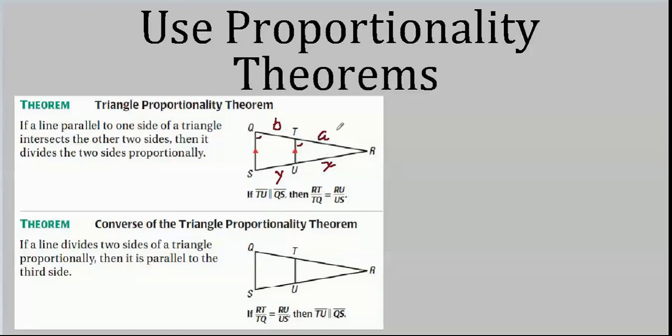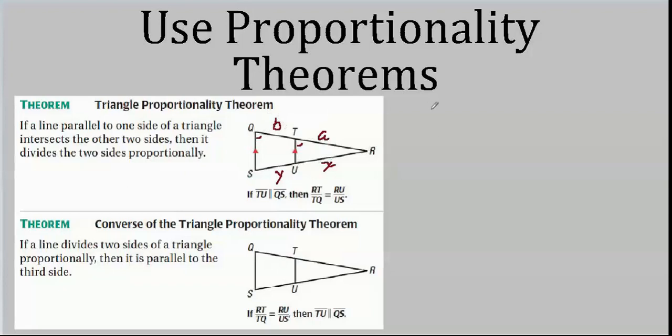So what do we know? Well, the corresponding parts are in the same ratios. So what are the corresponding parts? In this case, TB corresponds to BQ, and RU corresponds to RS.